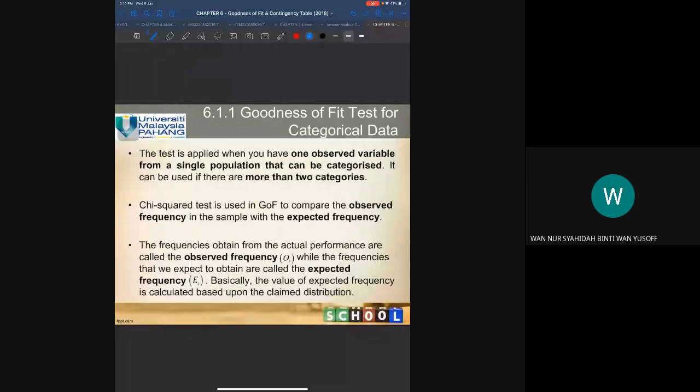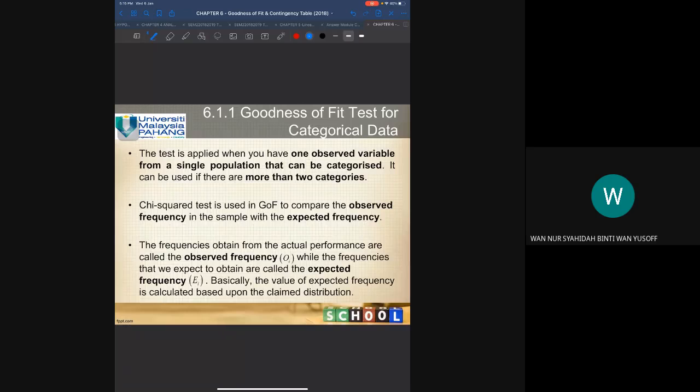For 6.1.1, categorical data, the distribution of your data will be based on percentage, ratio, or the number of categories of your data. But when we go to the fitting of the distribution, your distribution will be normal, Poisson, or binomial distribution.